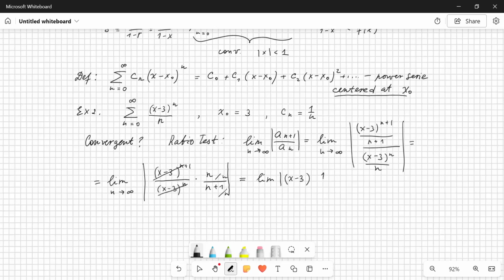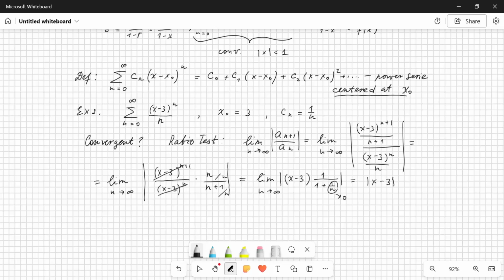So I'm going to get 1 over 1 plus 1 over n, absolute value, as n goes to infinity. We know that when n goes to infinity, this term will go to 0 and the whole thing will go to 1, right? My final answer is going to be the absolute value of x minus 3. You see that I still keep absolute value. Why? Again, because x is a variable and I don't know whether x minus 3 is going to be positive or negative. So that's my answer.